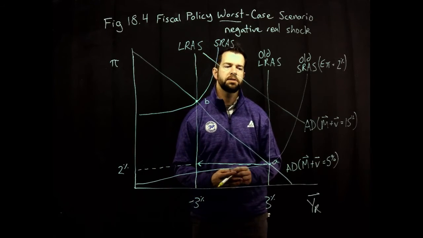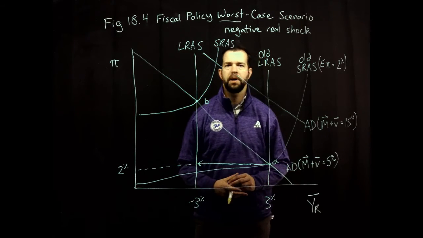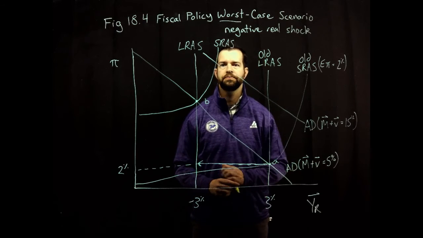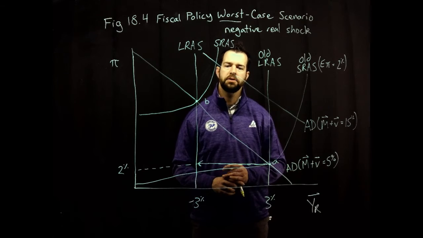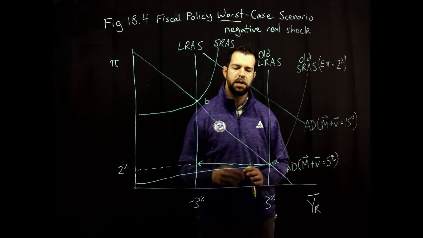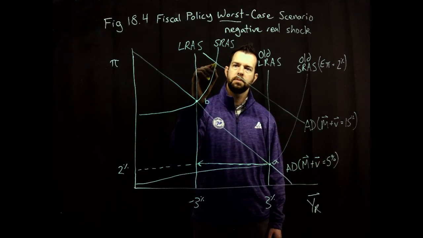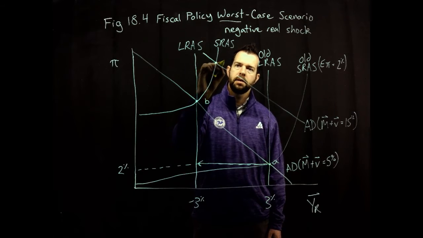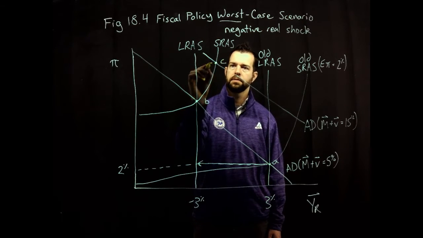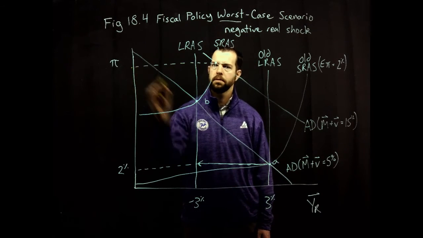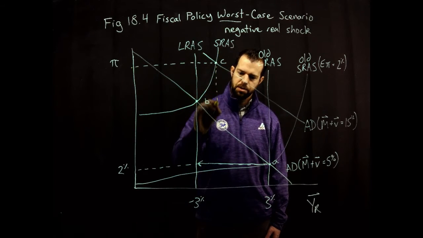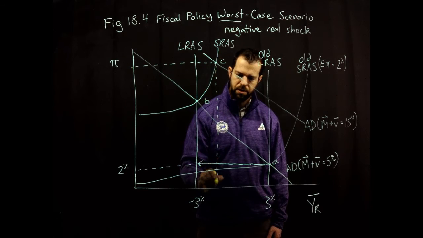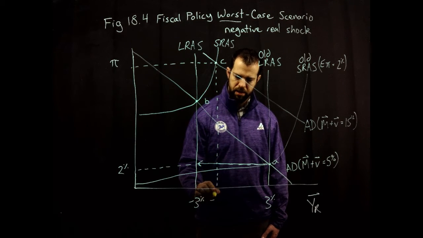All we've done is increase the spending growth by 10 percentage points. Okay, and so it's going to go up this existing short-run aggregate supply curve. Most of the increase in spending is going to be absorbed by a higher inflation rate. Okay, and the example here shows that we did have a modest improvement in growth, but it's still negative.